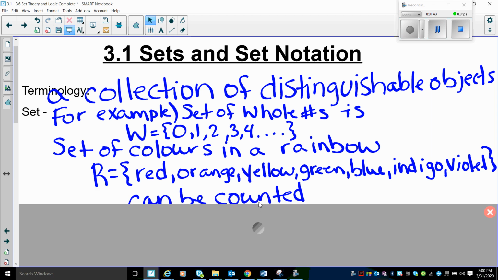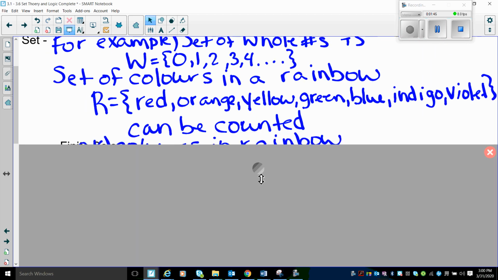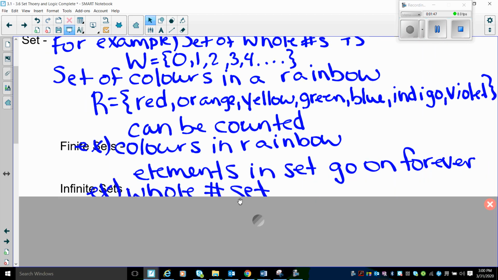The next definition that I want to do is called a finite set. A finite set is a set that you can count the objects in. An example would be the colors in the rainbow. We know what they are, we can physically count them, so that would be a finite set.